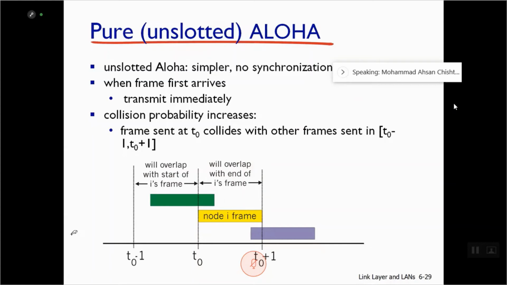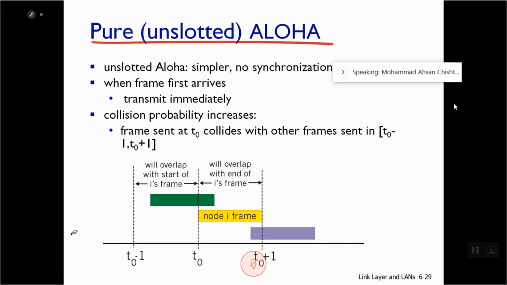Why? Because in the slot, when everybody knows that I will start transmitting at the beginning of the transmission time, and if a collision occurs, they would get to know that yes, it occurred because two of them sent at the same time. But in this case, somebody started sending, it will continue to send, but suddenly another one starts to send, even though the other one is about to finish.